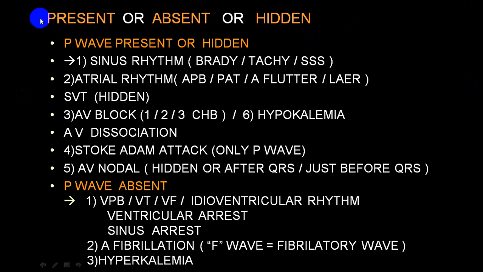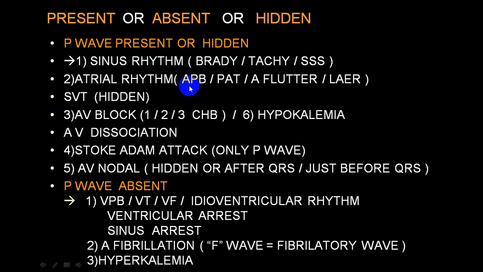So now we'll be talking of the first: look at whether the P wave is present or not. Sometimes you will see the P wave is present but you cannot see it clearly, so it is hidden. Whether it is present or hidden, you will have to find out. It will be present in sinus rhythm, which can be bradycardia, tachycardia, or maybe sick sinus syndrome.